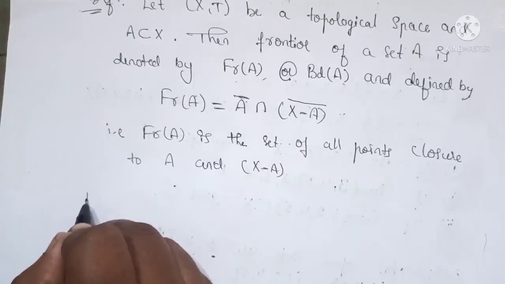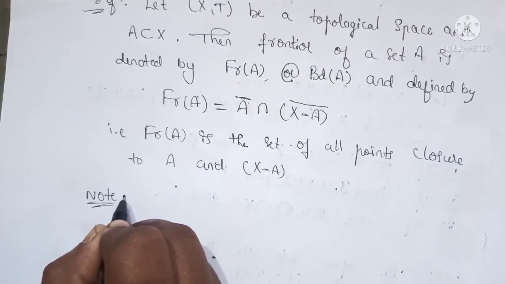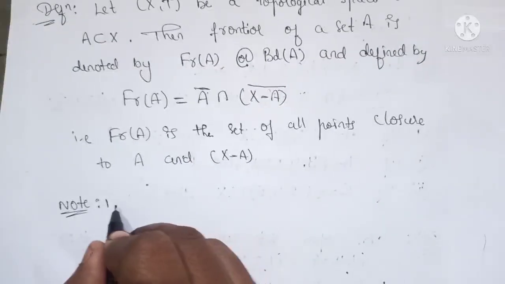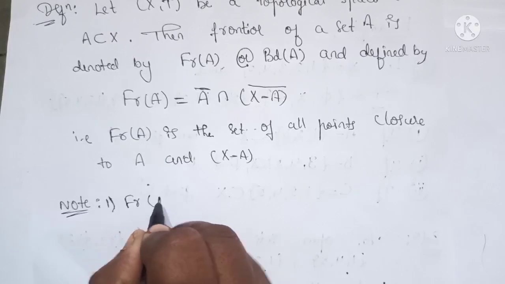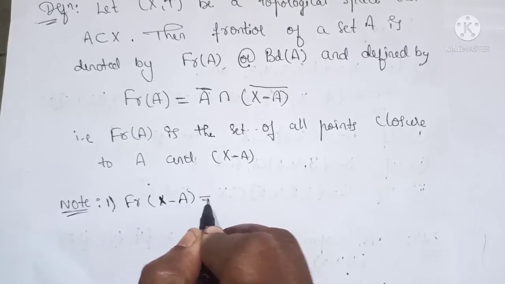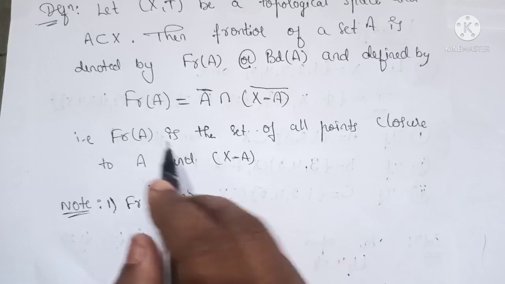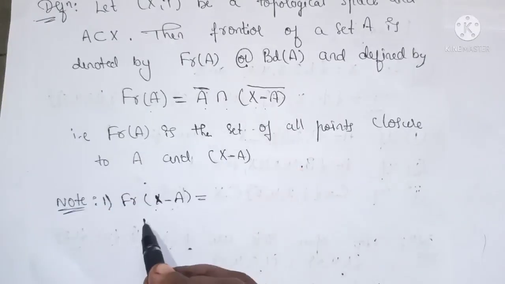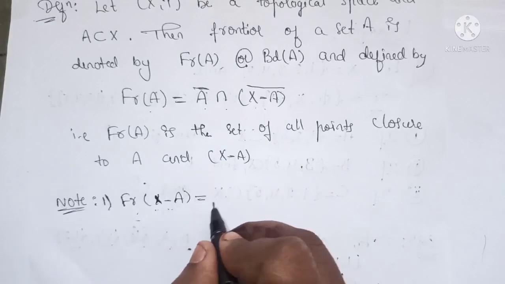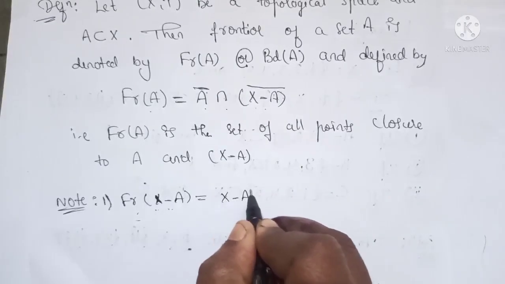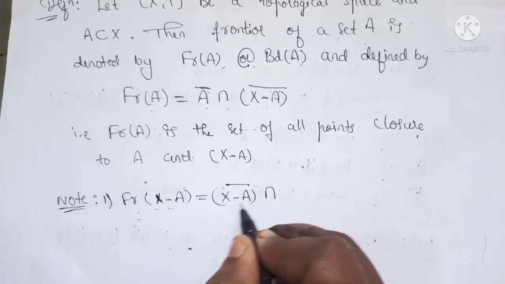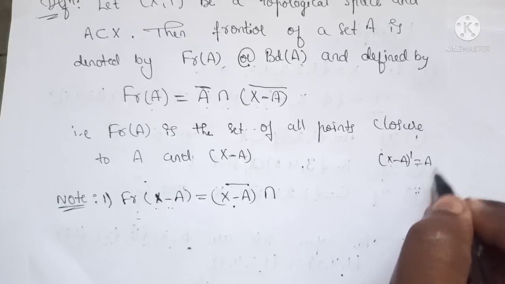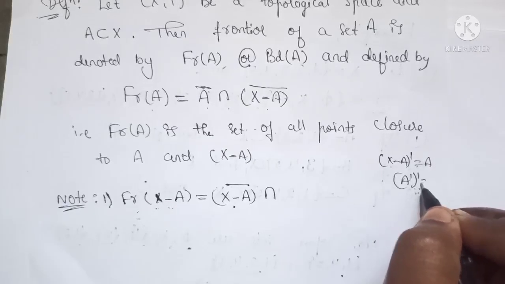We have a note here. Note 1: frontier of X minus A. We know the frontier of A is nothing but A closure intersection (X minus A) closure. So similarly, frontier of X minus A is (X minus A) closure intersection its complement. The complement of X minus A is nothing but A, because complement of complement is A only.